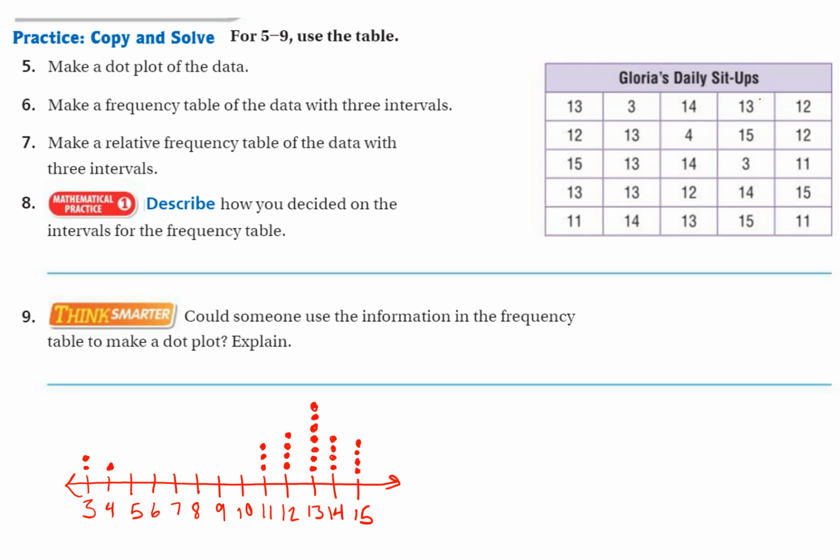Next, make a frequency table of the data with 3 intervals. So I make my table. And this is Gloria's daily sit-ups.